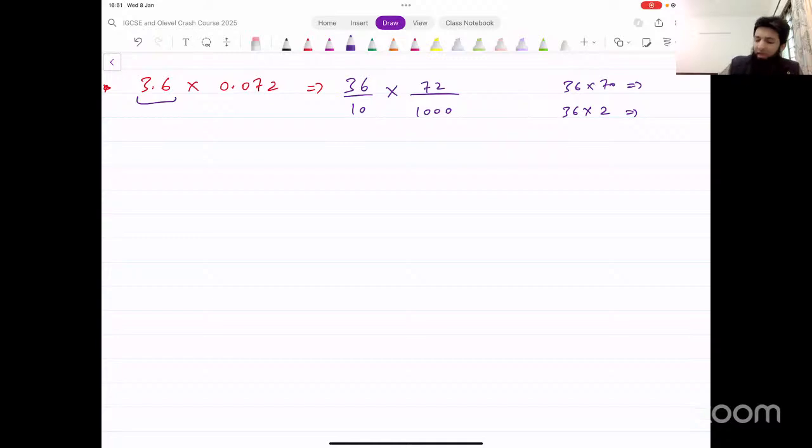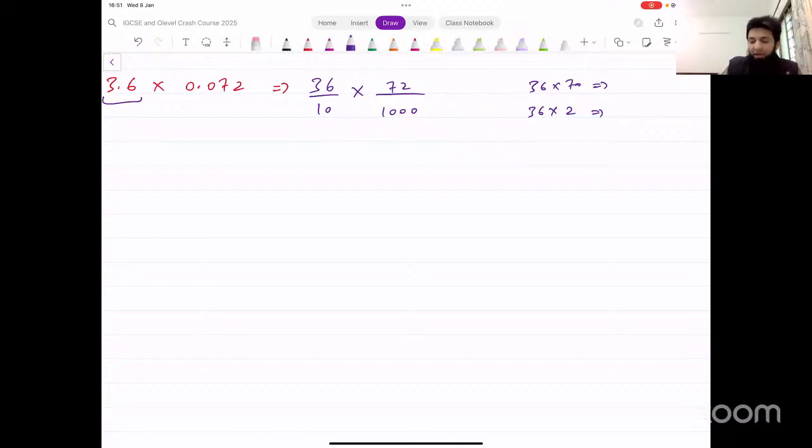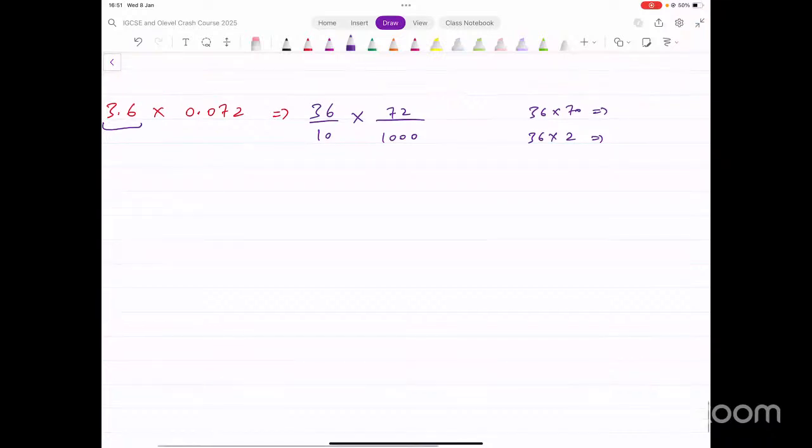Okay. 36 times 7, what's that? 36 times 5 is 180. And then 180 plus 36 times 2, that is 72. This will result in 252 and then 0. 2,520. That is what I'm going to get from this.